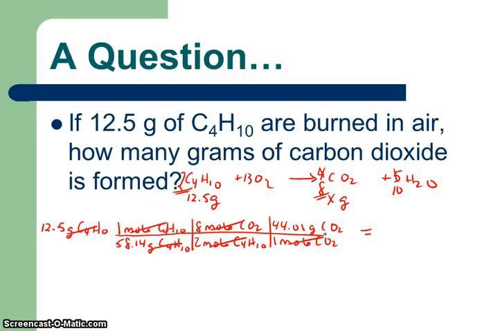We'll take the numbers on the top and multiply, take the numbers on the bottom and divide. We have 3 significant digits in the value we were given, so we're going to want to round our answer to 3 significant digits. So 37.8 grams of carbon dioxide are produced when 12.5 grams of butane are combusted in air.